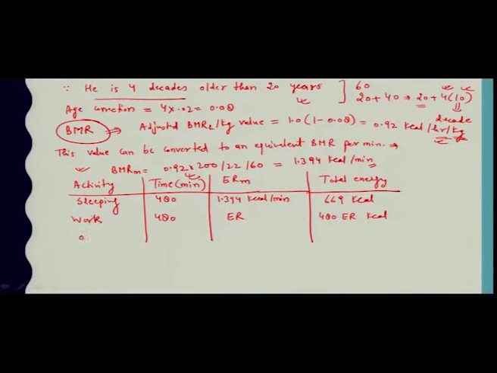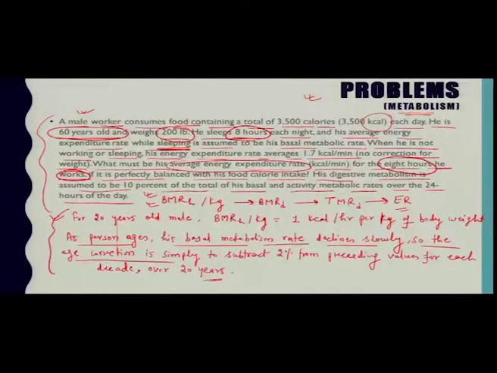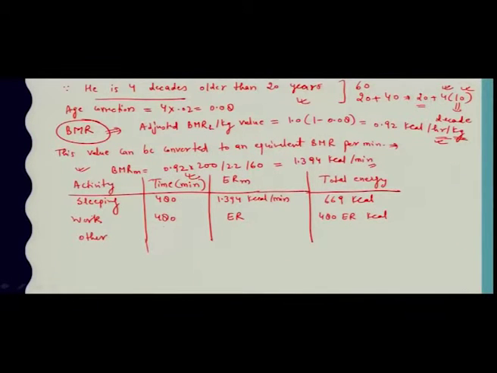As far as other work is concerned, he is also doing other work, we have to consider 480 minutes, and that is 1.7 kilocalorie per minute, and if you multiply it will be 1816 kilocalorie.